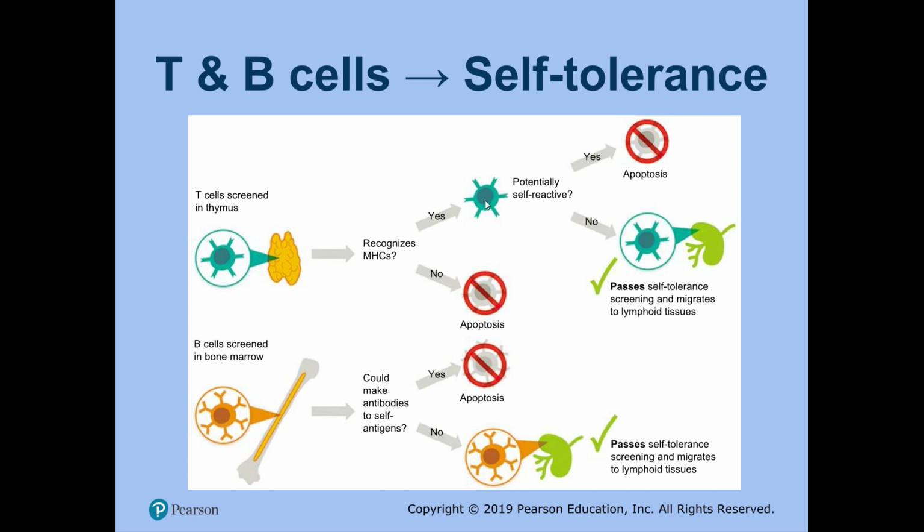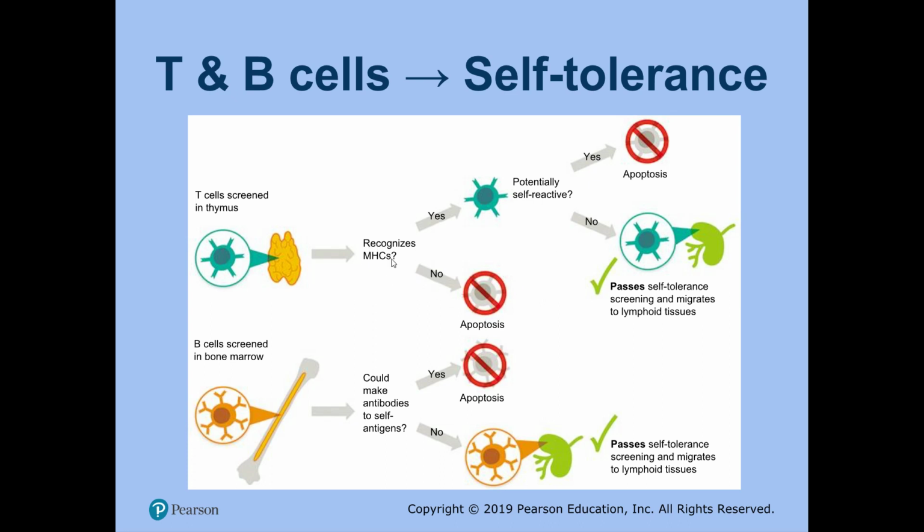And so that way it doesn't attack that cell. So if it does not recognize MHC, then that T cell might attack it. So if the T cell maturing does not recognize that MHC, our body actually kills that T cell so that it can't go out there and accidentally attack our cells.